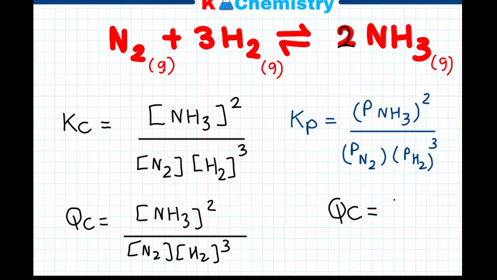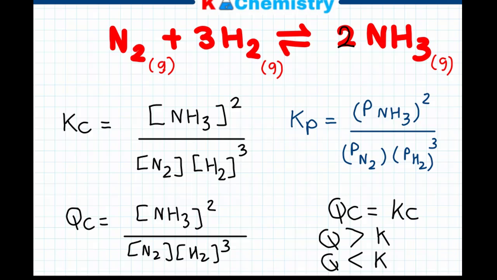While if Q is bigger than K, or Q is less than K, then this is not equilibrium. This is either the reaction going in the forward direction faster than the backward rate, or the backward rate is faster than the forward rate.